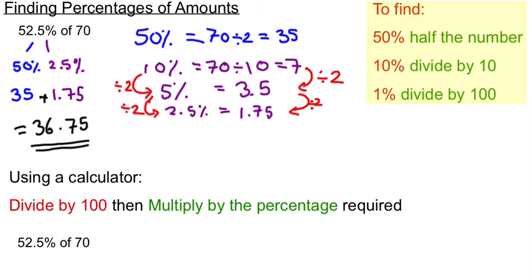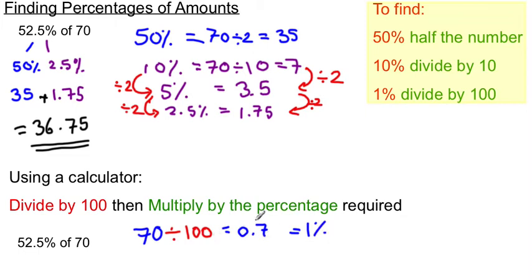So all that I'm going to do here is take my 70 and divide it by 100, and that is going to give me 0.7, and that is equal to 1%.